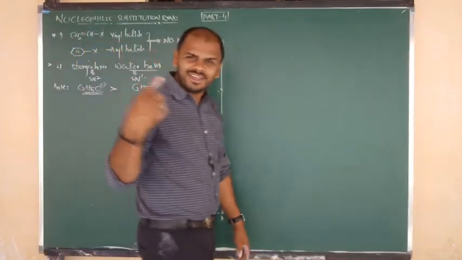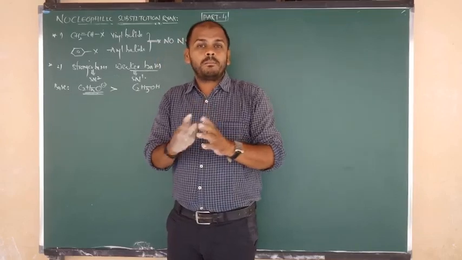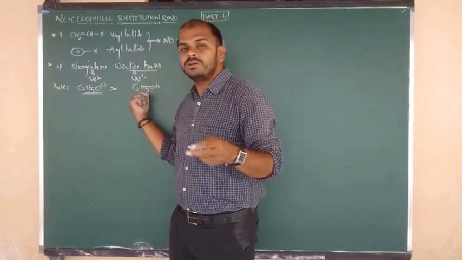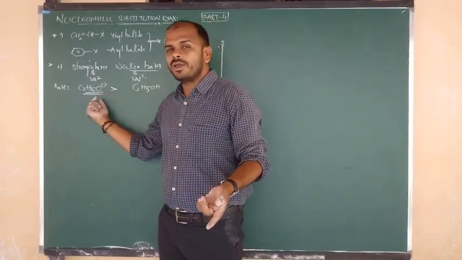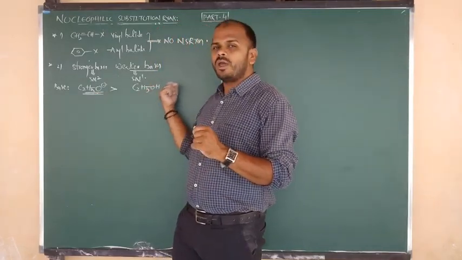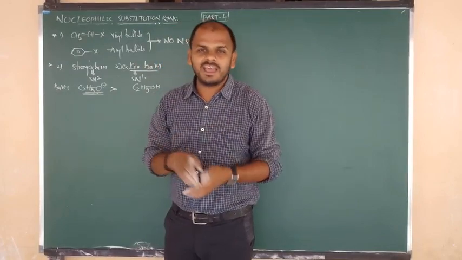A question repeated in the exam. They have given the same reactant, but on one arrow they have mentioned C2H5OH, and on another arrow they have given C2H5O minus. C2H5OH gives rise to A and ethoxide gives rise to B, and they are asking for the A and B products.